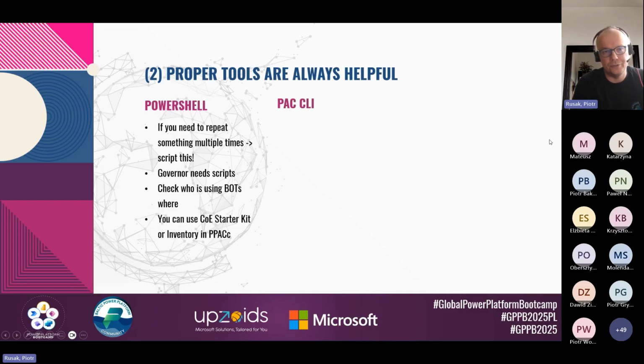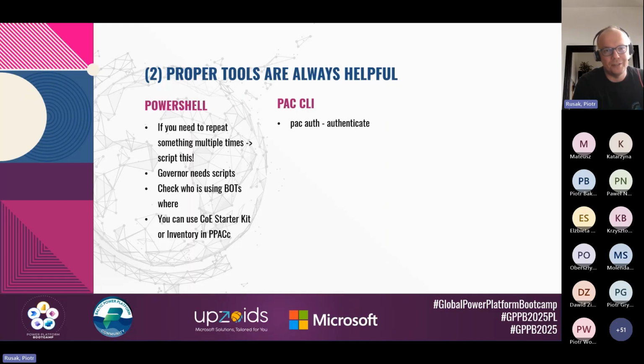The second tool that you need to use is PAC CLI. This is, I would say, the stepbrother of PowerShell. Thankfully, it can offer us more commands around Copilot compared to PowerShell. But there is some sort of ABC, some first steps with PAC CLI, because if you don't do these basics, you cannot use any command.